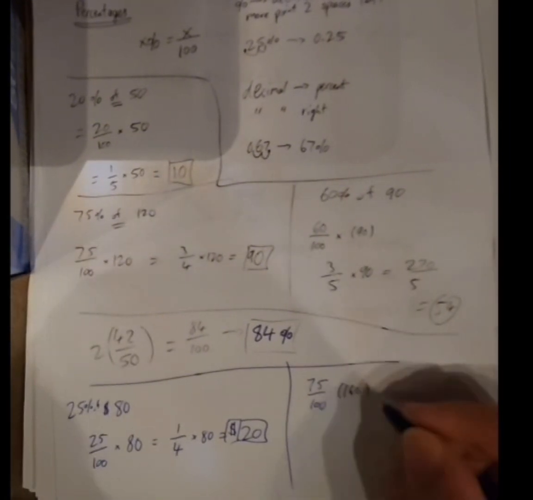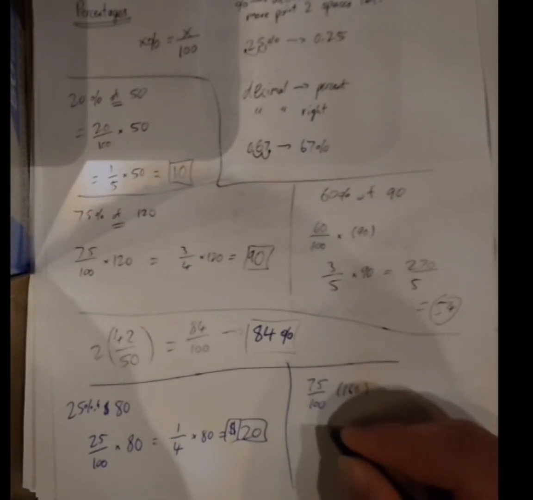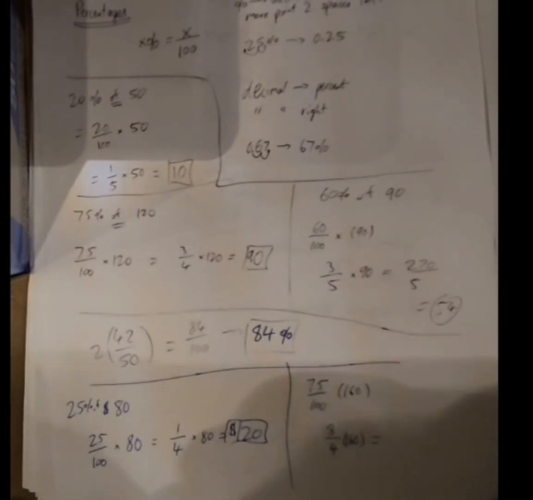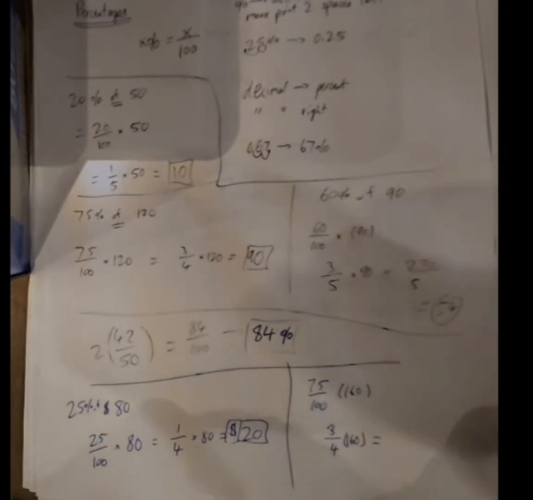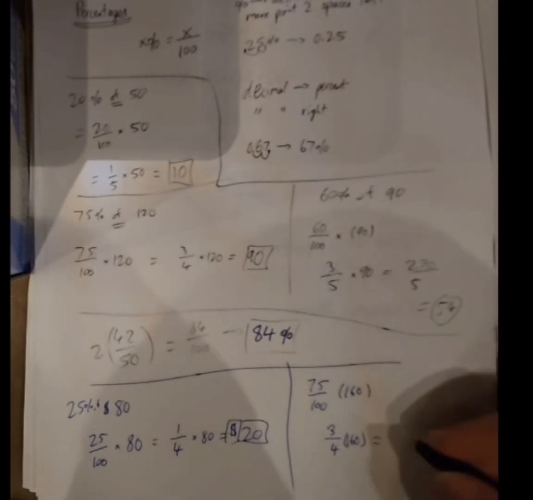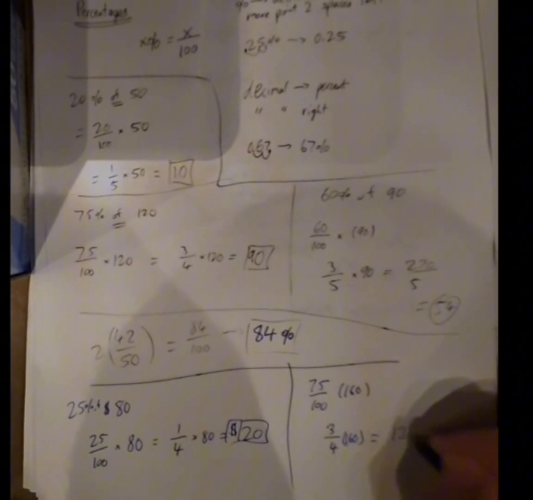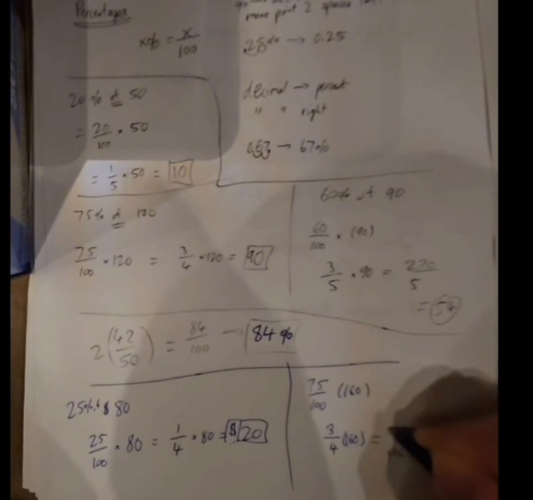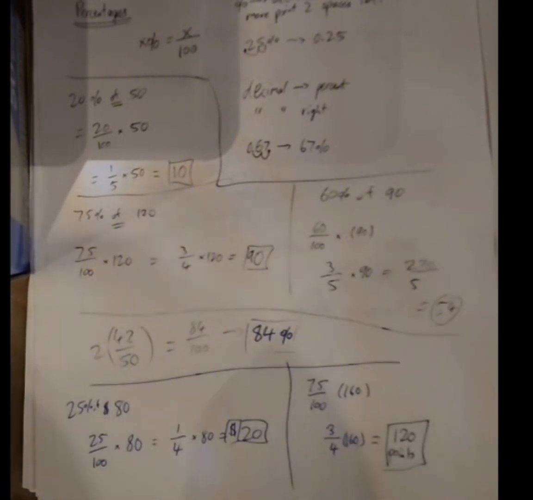You know how to go about this. 75 over 100 times 160, which is just going to be 3/4 times 160, and if I'm not mistaken, 3 times 160 is 480, so 480 over 4. This should come out to be 120 points. That is what you would earn on your test.